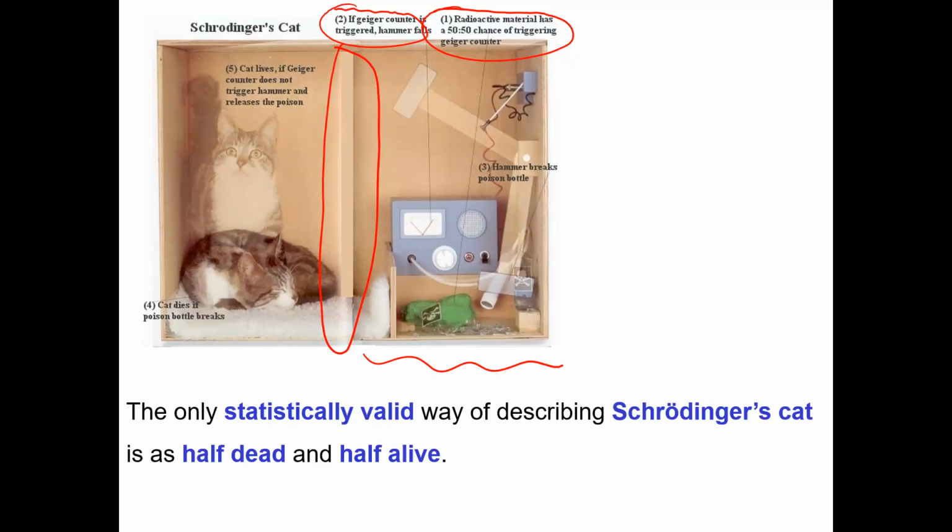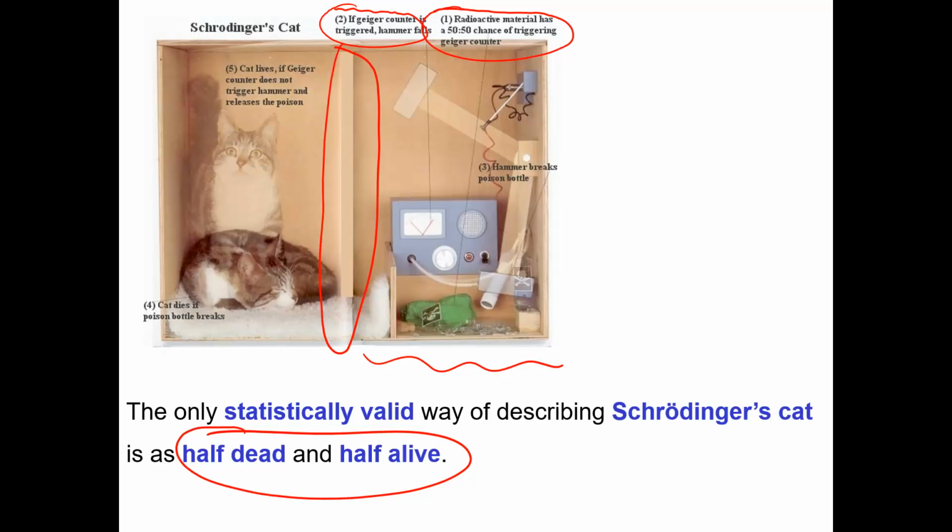The cat's been in there for half an hour, so it has a 50% chance of dying, and also simultaneously a 50% chance of being alive. So the best way of describing the cat is that it is half dead and half alive.